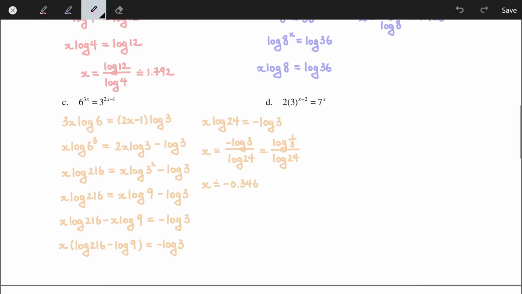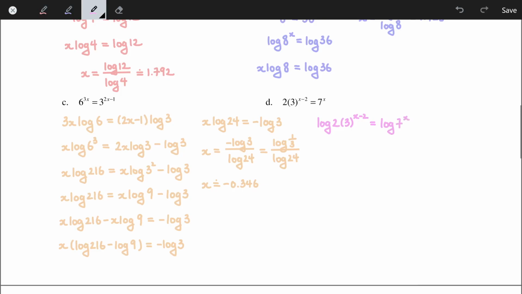Example D. So here, notice that we have a coefficient in front of our power, this 2 right here. So we can still take the logarithm of both sides. So we have log 2 times 3 to the power of x minus 2 is equal to log 7x.